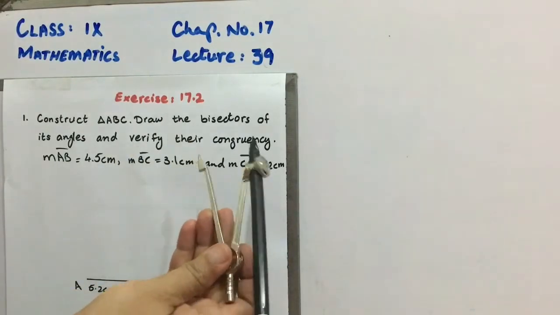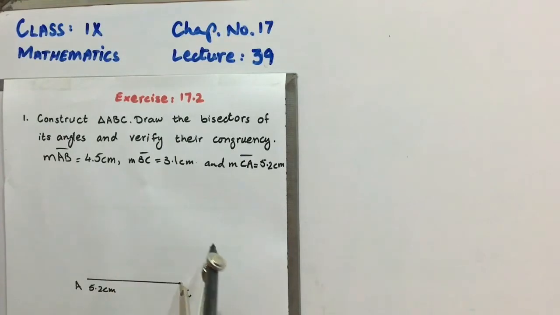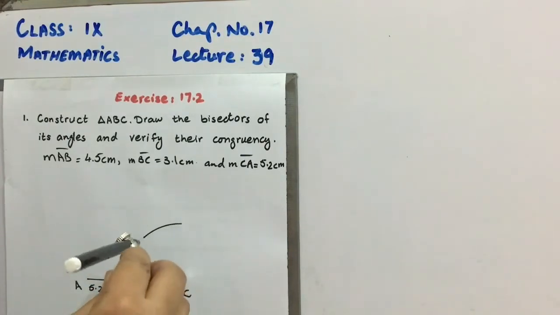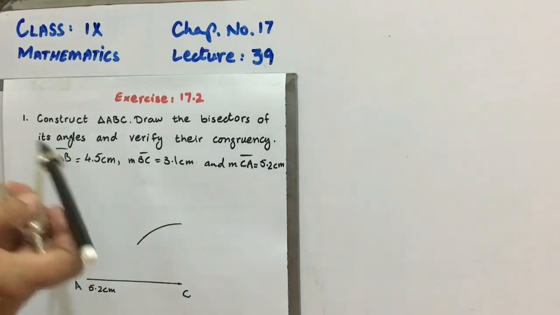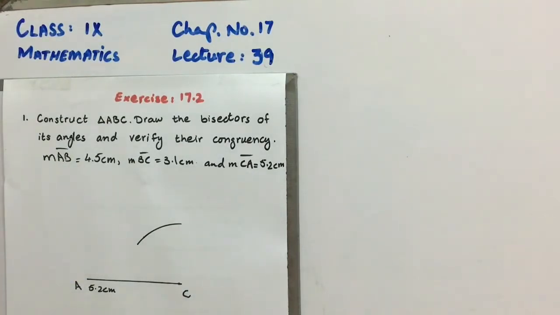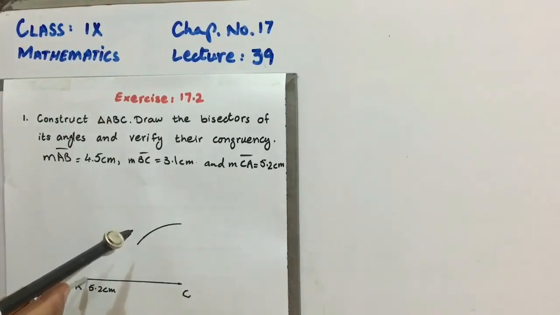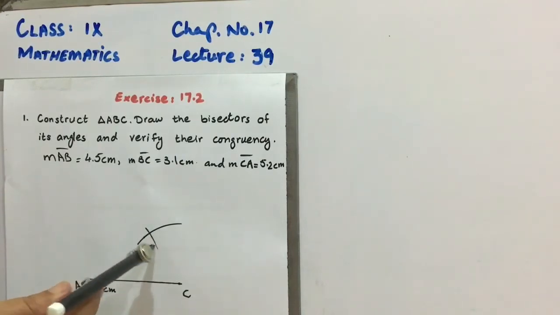And taking C as center, mark an arc. Again adjust the legs of compass at 4.5 centimeters. And with center A and radius 4.5 centimeters, mark the arcs which cuts the previous one at point B.